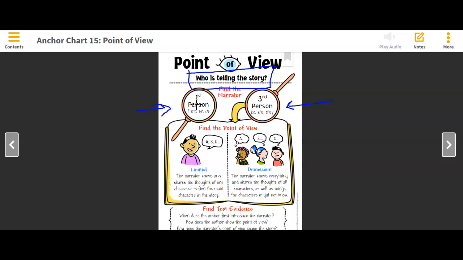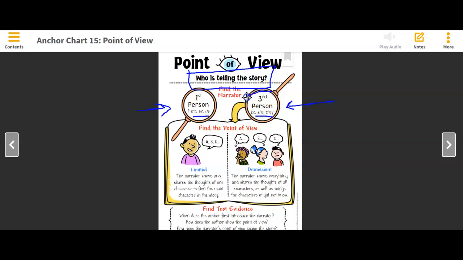So like right now, if I say, I am going to the store, that is first person. Versus third person is somebody kind of like outside of the story telling the story. So if I were to say Miss Moon is going to the store, that's in third person, okay? And we can utilize these pronouns to help us.